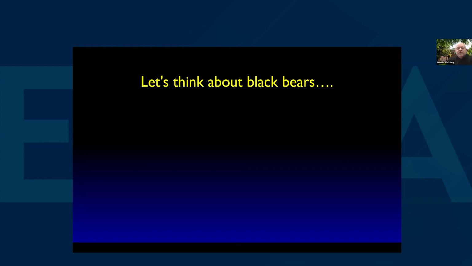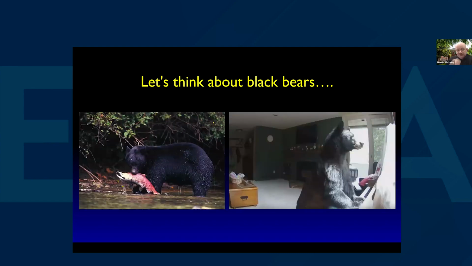And this is really what we sort of came up with that night, and we were thinking about it. Let's say that you didn't know anything about black bears, and you'd never heard of a black bear, and I gave you these two pieces of data. So both of these are observations that were made of black bears in nature, okay, out in the environment.